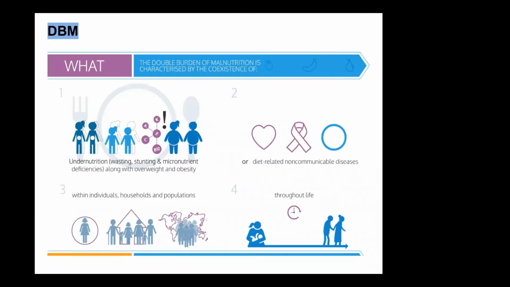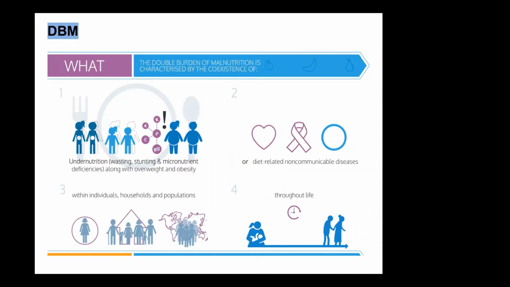This kind of double burden exists at different levels: within individuals, households, or populations. Within an individual, the same person can be deficient in micronutrients, for example, iron deficiency. Anemia is one of the main problems in developing countries among children and women of reproductive age. The same person can also be overweight. So in that case, it's the double burden existing within the individual.